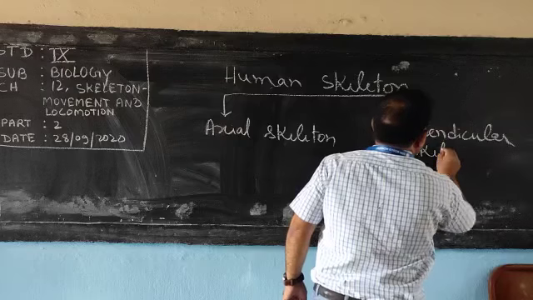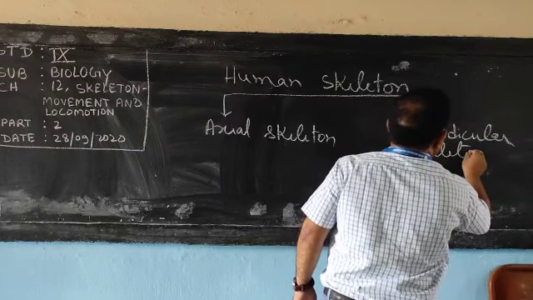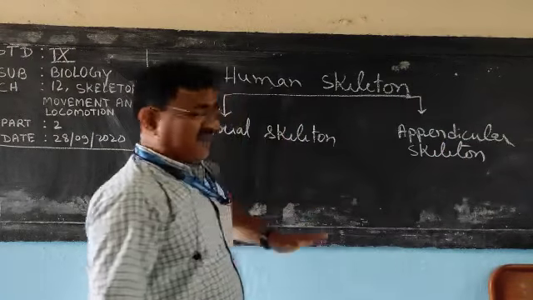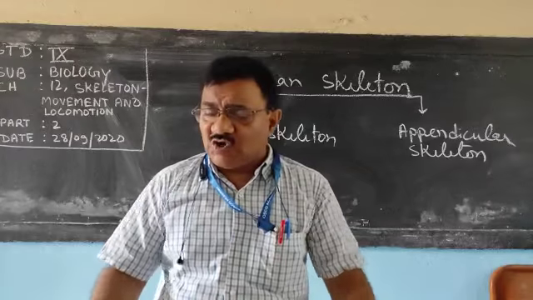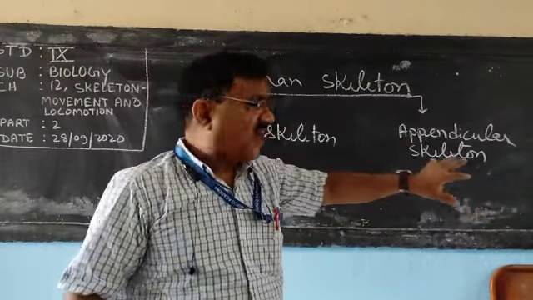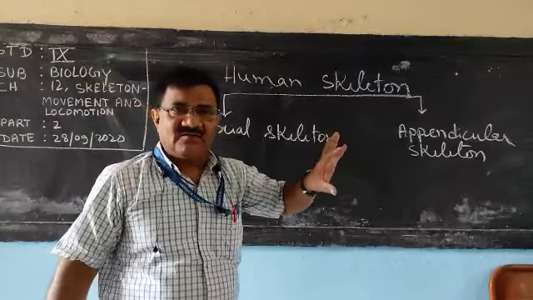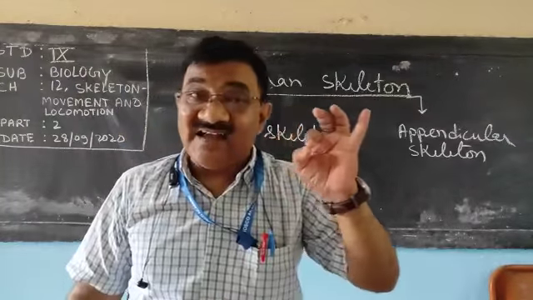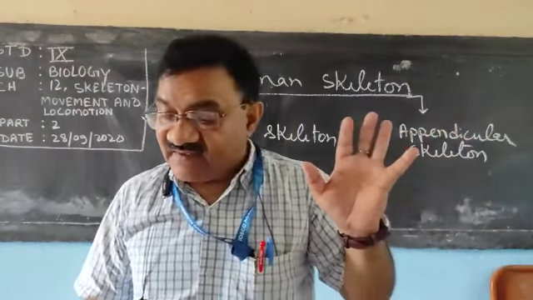So first, the human skeleton is divided into two groups, axial and appendicular. Now, what is the axial skeleton? What type of skeleton is it?